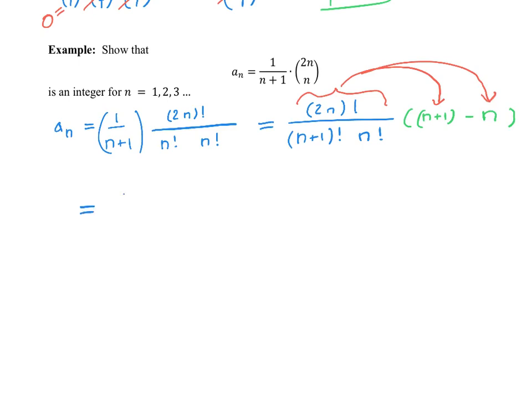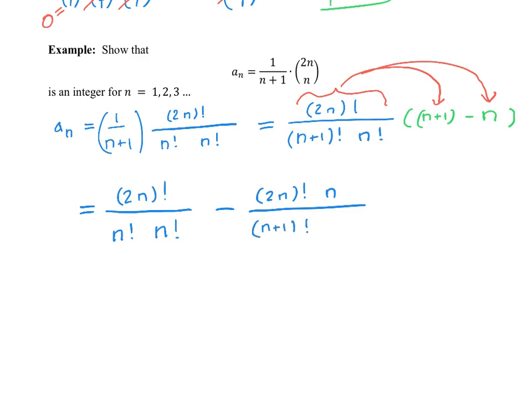We get 2n factorial on the top, and then n plus 1 canceling out on the top and bottom, so n factorial, and then copy the n factorial, and then minus 2n factorial on the top, multiplied by n, and then on the bottom, we have n plus 1 factorial and n factorial.